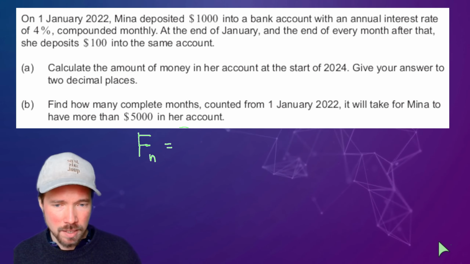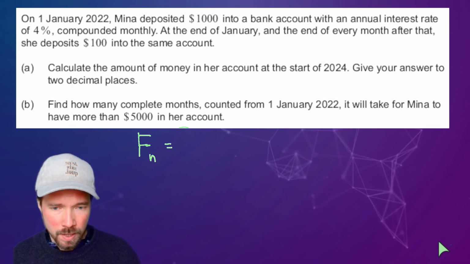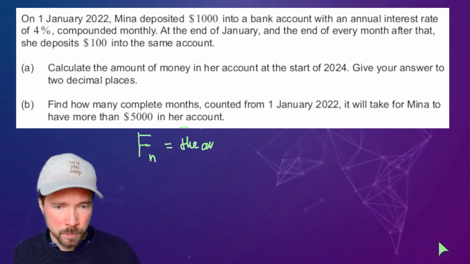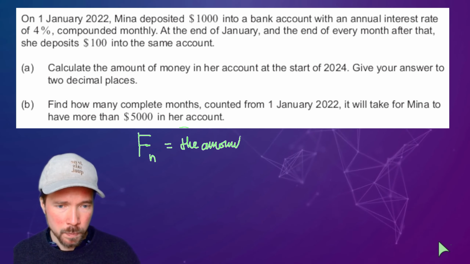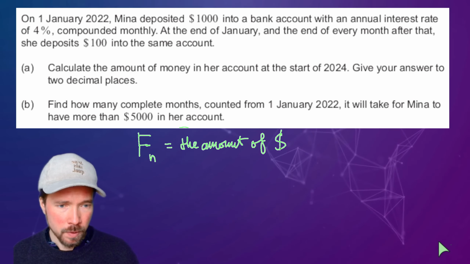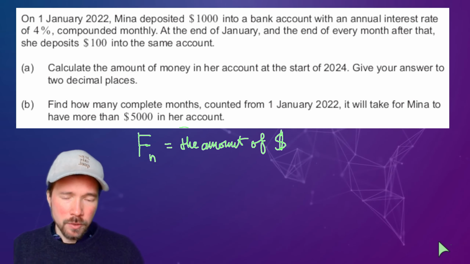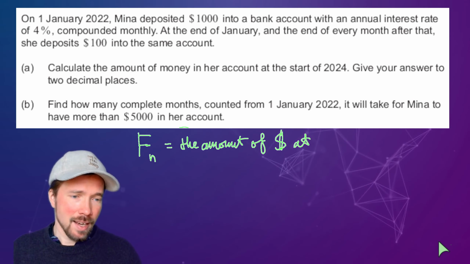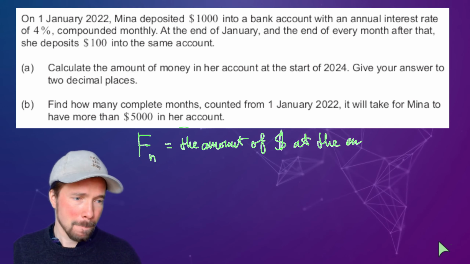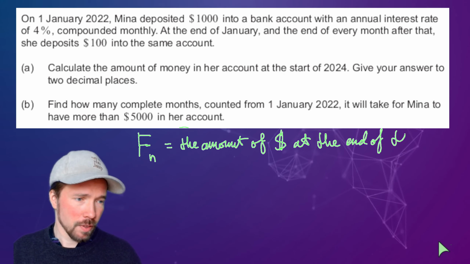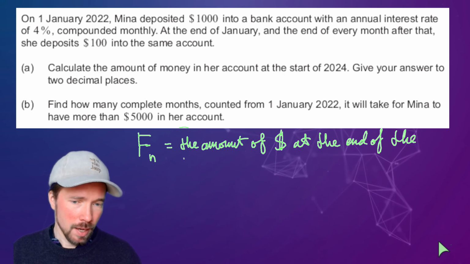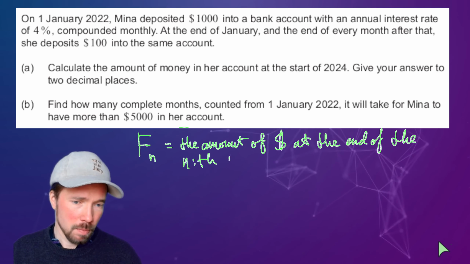Let's say this is the amount of dollars at the end of the nth month.